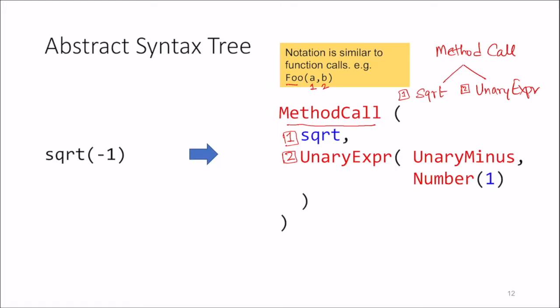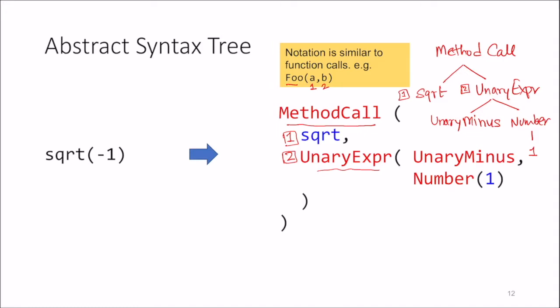The square root has no further children. That's a leaf node. Where a unary expression here has 2 children or 2 arguments using the function a unary minus and a number. And then a number has 1 child, which is the constant 1.